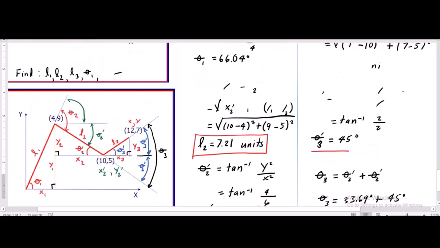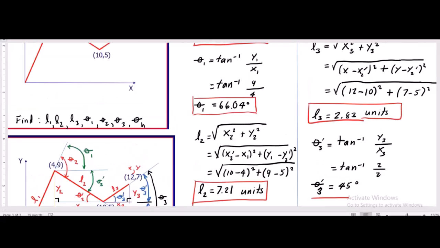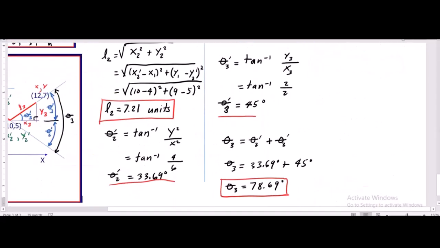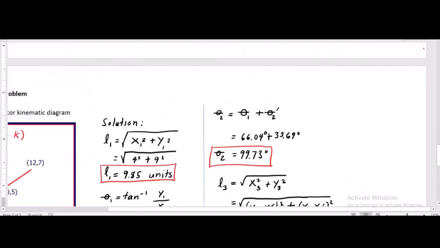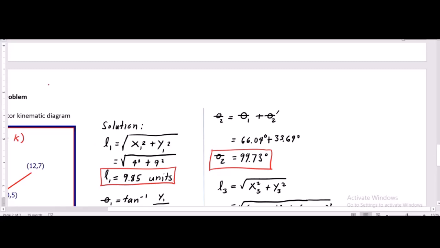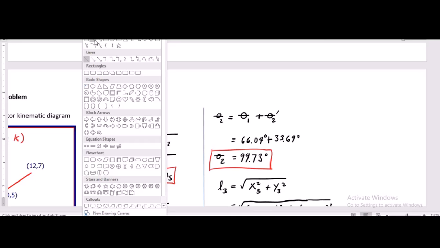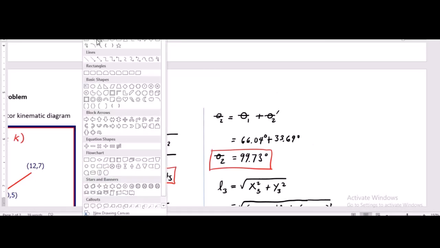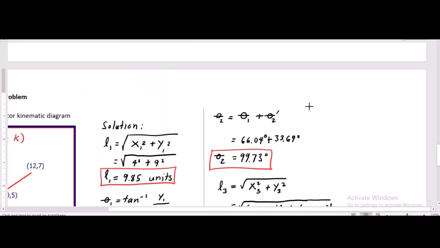And finally, what is the remaining problem? The end effector angle. Let's insert a border here.